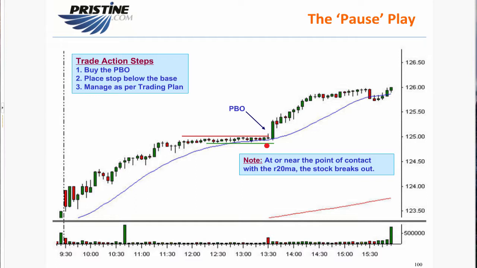But at the end of the day, as I said, you've got to remember that this is a process. It's multiple steps that go into a successfully executed trade. And by successfully executed, I don't even necessarily mean one that works out. You can follow the plan, get stopped out, and consider that a successful trade.